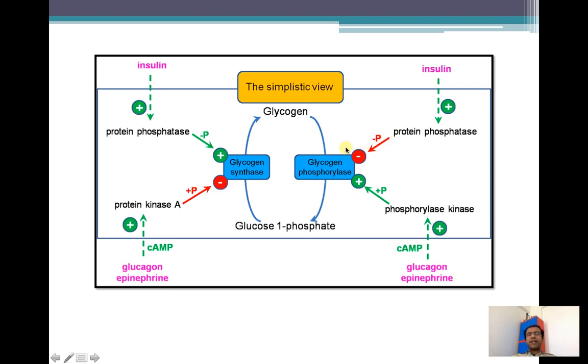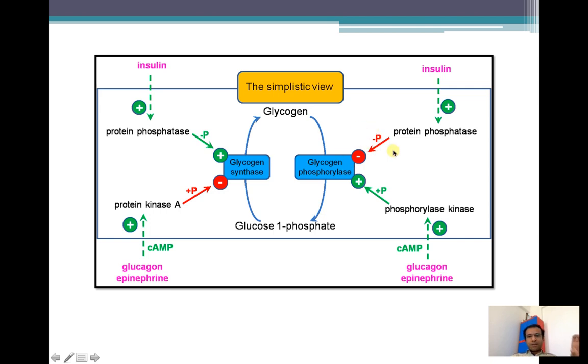So here the regulatory enzyme is glycogen phosphorylase. It has two forms: phosphorylated form and dephosphorylated form. Here the phosphorylated form is the active form. So if there is addition of phosphate to glycogen phosphorylase, that means it is active. If there is a removal of phosphate, then it is inactive.